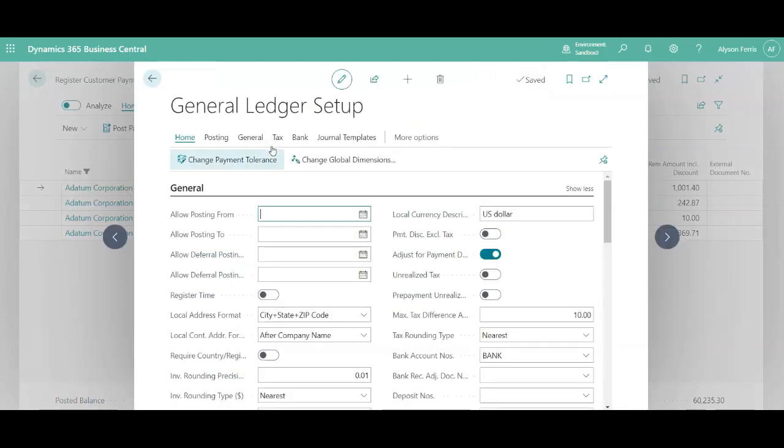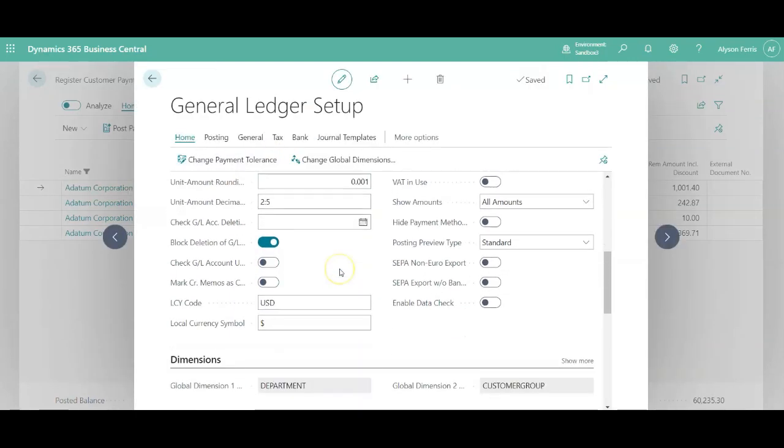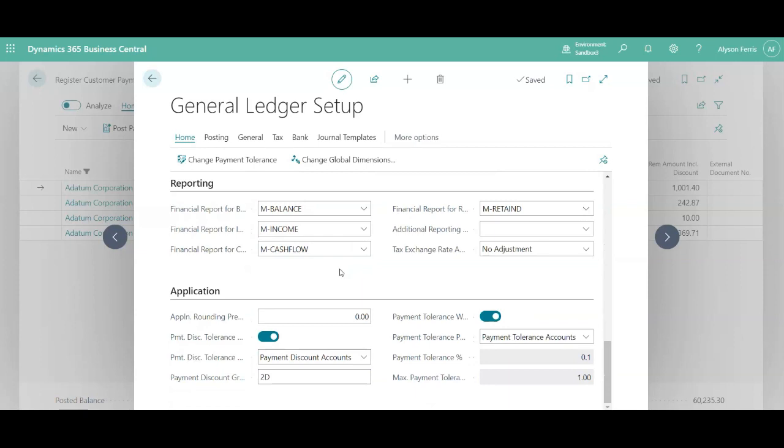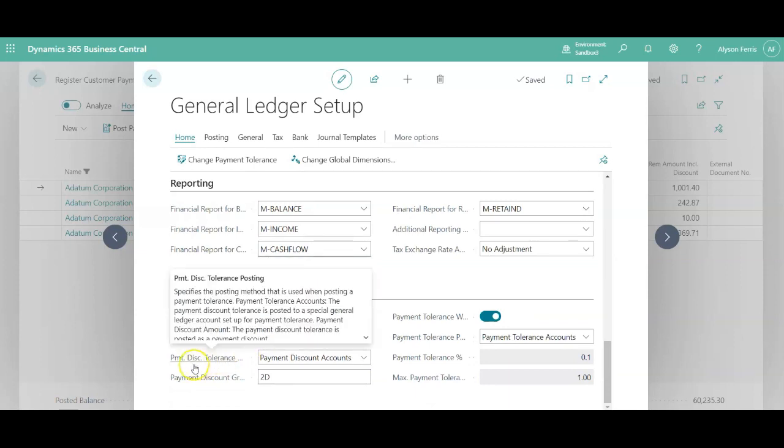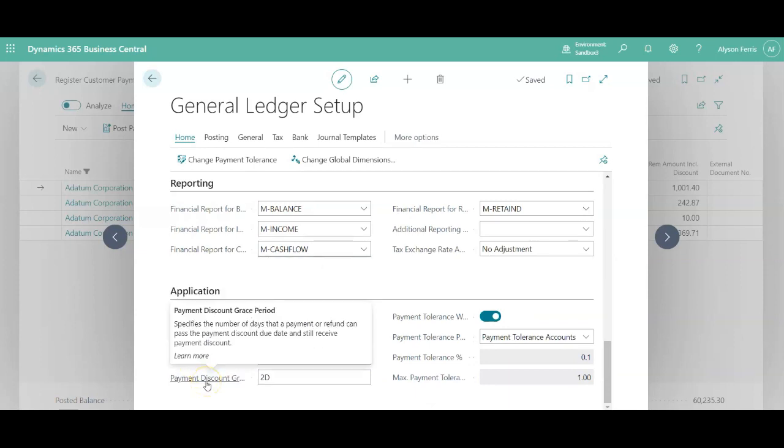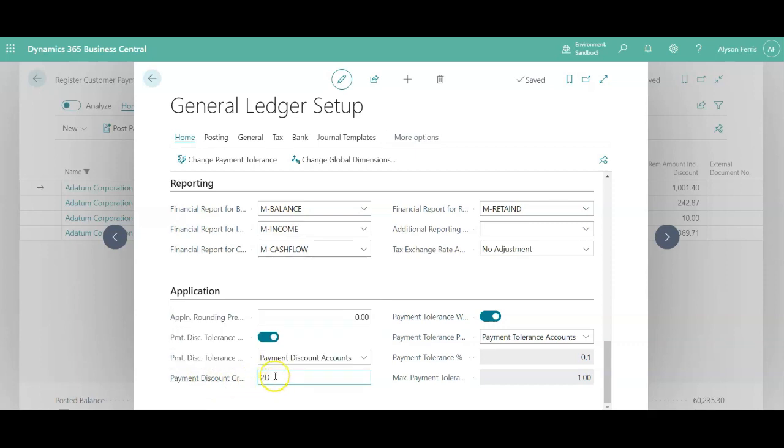At the very bottom FastTab, under the Ledger Setup, we've got a payment discount tolerance where we set a grace period of 2 days. So as long as a customer that has a discount term pays within 2 days of the discount due date, we're going to honor that discount and post it. We also have a payment tolerance percentage set up here.